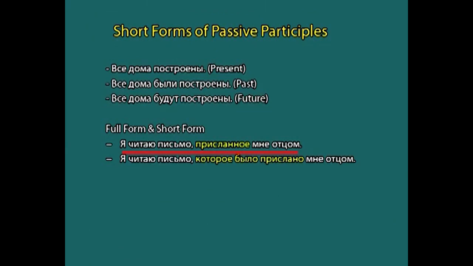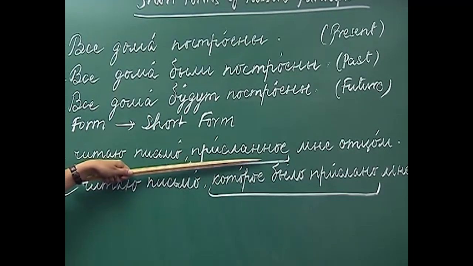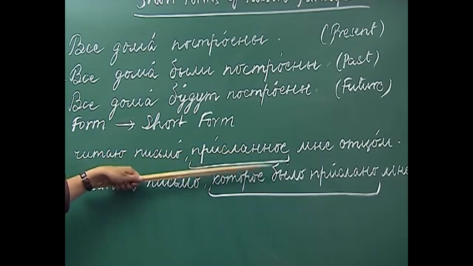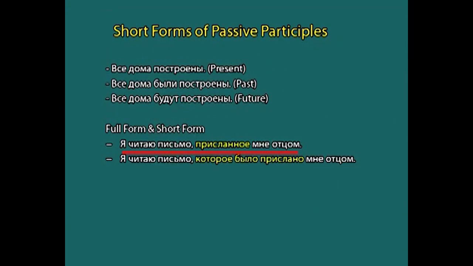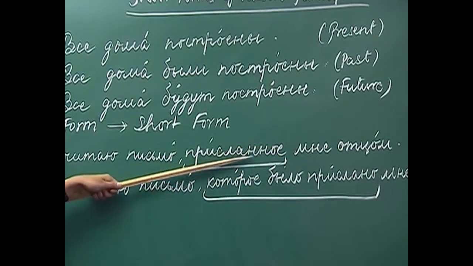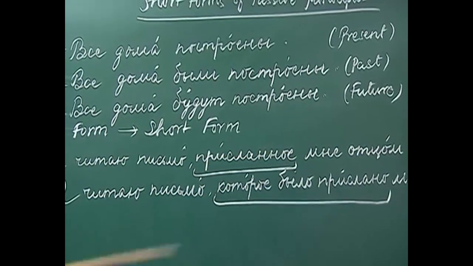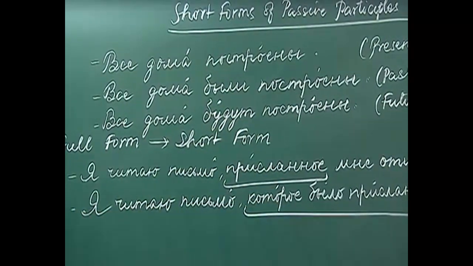Я читаю письмо, присланное мне отцом. So, here as you can see we have used the full form of the past participle passive, присланное. So, I am reading the letter which was sent to me by my father. So, here we are using the full form. So, now if you have to replace the full form with the short form, how do you do that?